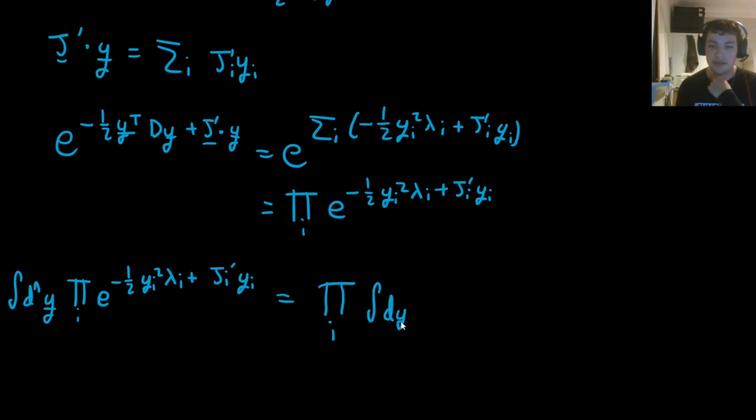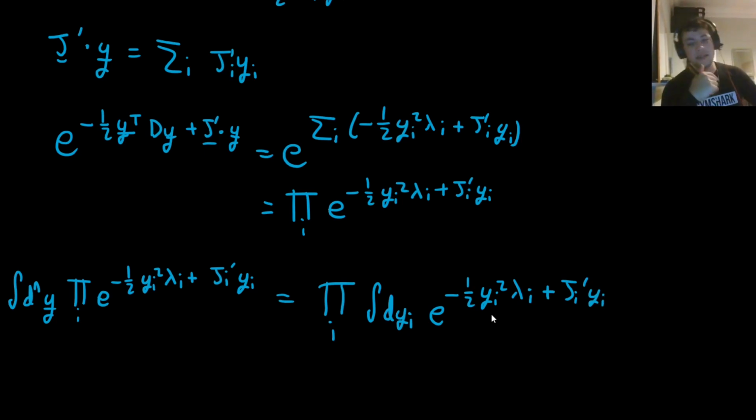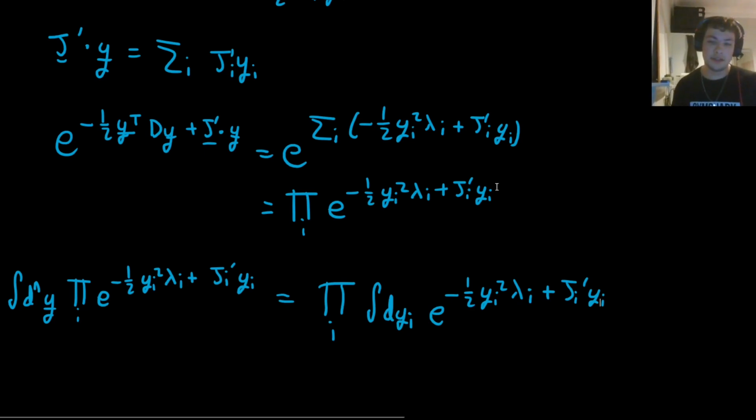So the integral dyi, just the ith integral, e to the negative half yi squared lambda i plus j primed i yi. This is why we needed lambda i to be positive everywhere, because otherwise some of these integrals will diverge.